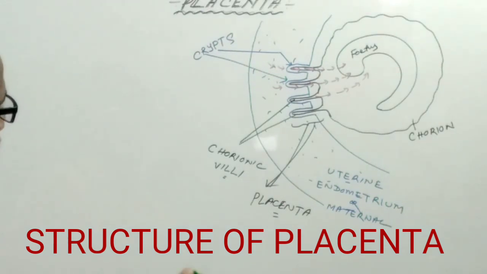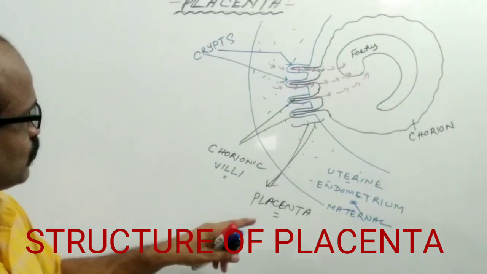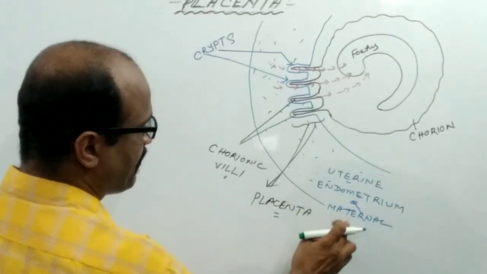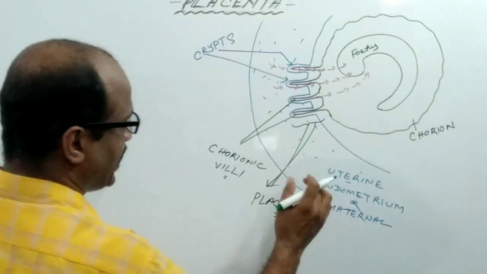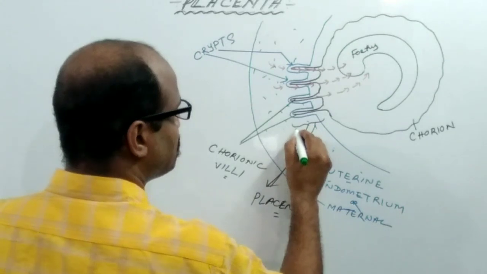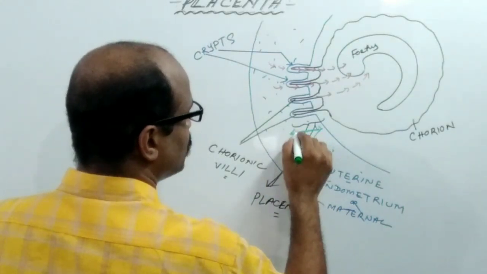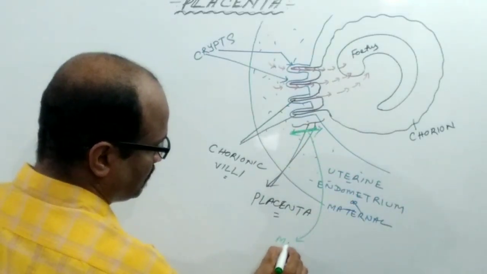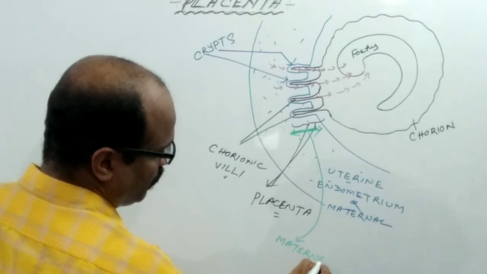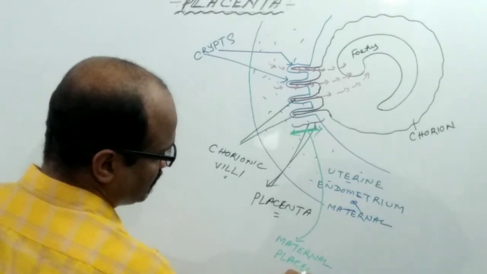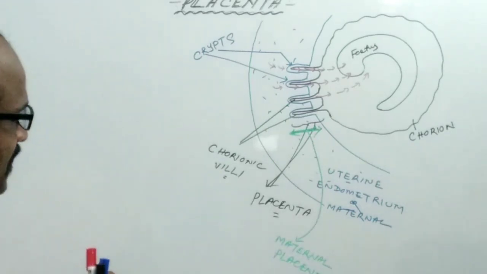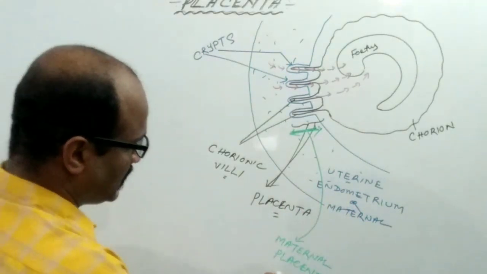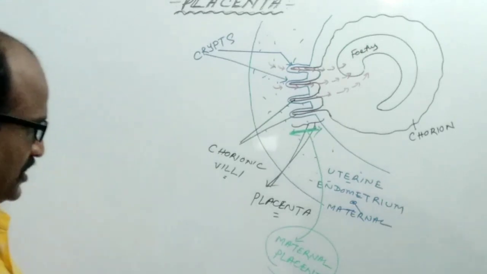Here, as you observe, the placenta has two parts. The part derived from the endometrial wall of the mother, the mother's uterus, is known as the maternal placenta.